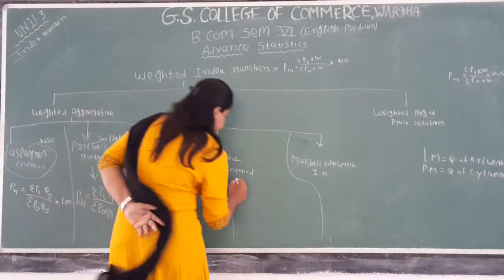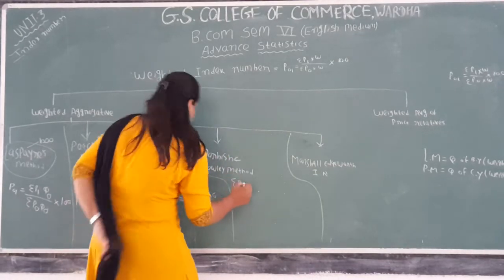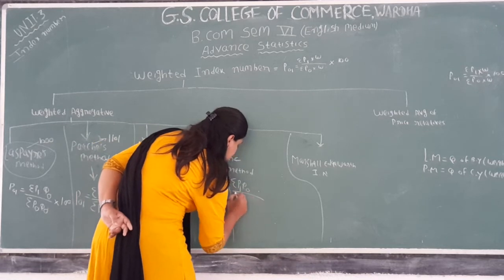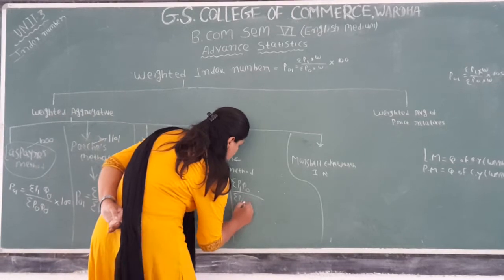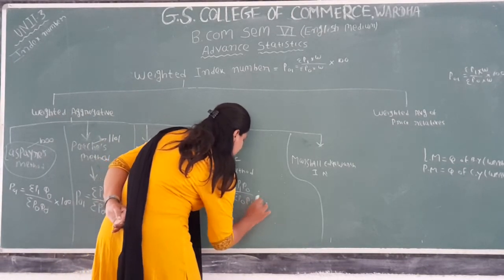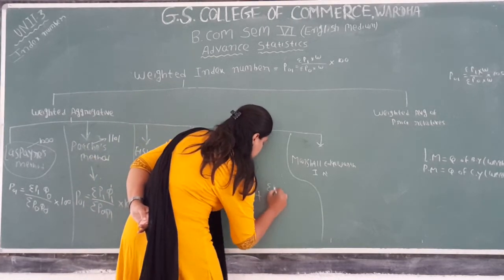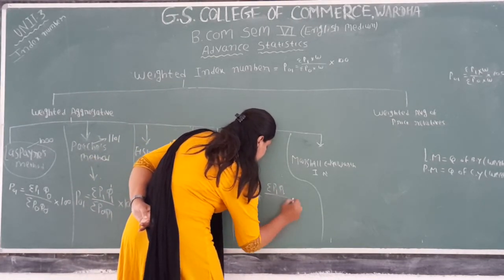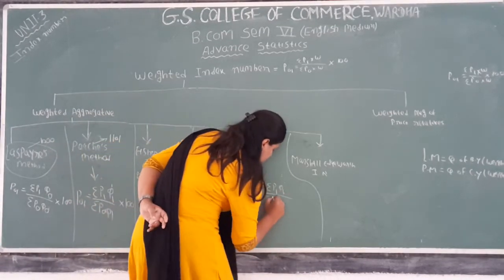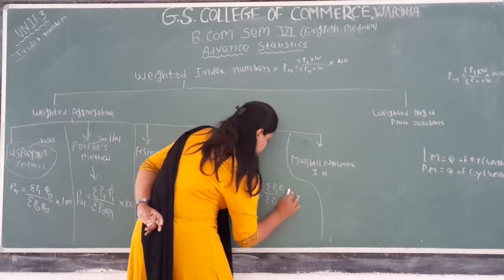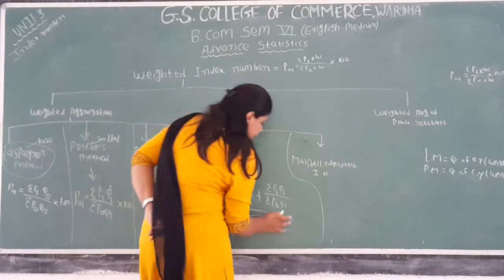Summation P1 Q0 divided by summation P0 Q0 plus summation P1 Q1 divided by summation P0 Q1, divided by 2 because we are finding the average, into 100.